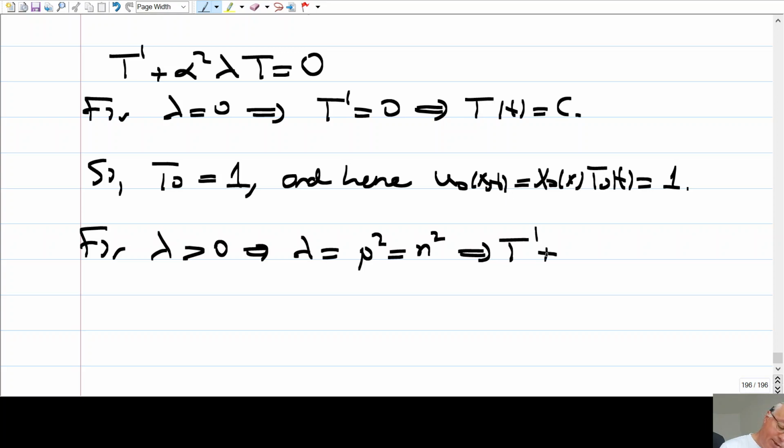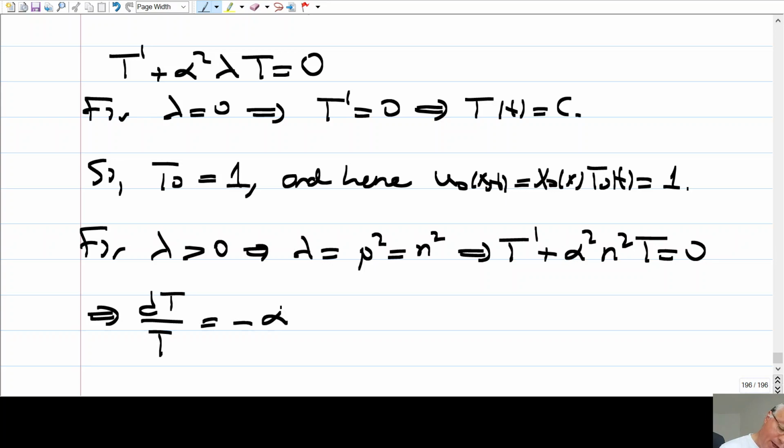T prime plus alpha squared n squared T equals 0. This is a separable equation. I can write it this way: dT over T is equal to minus n squared pi squared dt.